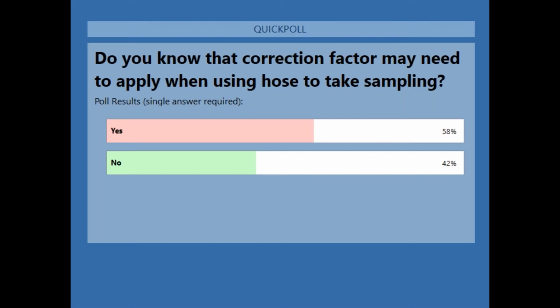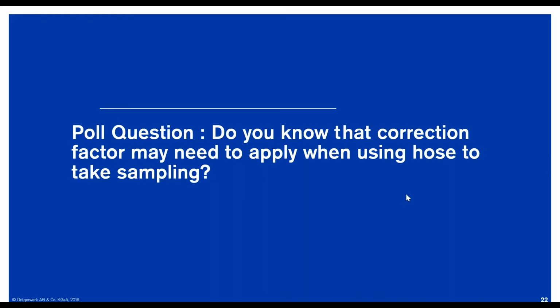If you're using a hose that's 3 meters or less, you do not need to apply any correction factor. There are also cases where you're using the automatic pump. If you are using an automatic pump, you don't need to apply any correction factor. So let me hide the poll. Thank you everyone for participating in this. So let's go to the next topic.